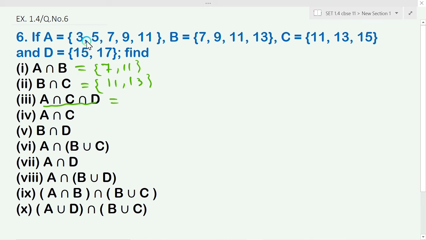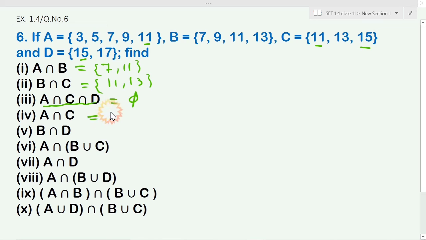A contains 3, 5, 7, 9, 11. C contains 11, 13. So the common element between A and C is 11, and between D and C is 15. But there is no common element which belongs to A, C and D also.